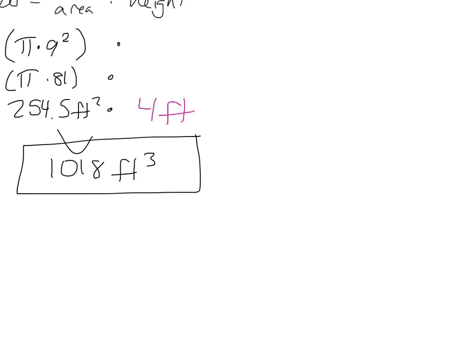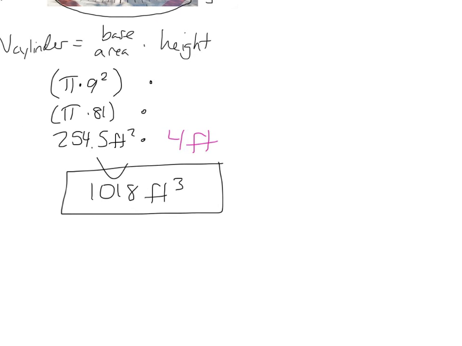Now, one of the cool things we can do, though, is say, okay, well, when we talk about the volume of pools, we usually don't talk about cubic feet. We usually talk about gallons, like how many gallon pool, right? How many gallon fish tank or something like that. So what we can actually do is use a conversion factor to figure out how many, not cubic feet, but how many gallons, all right? And there's a conversion factor out there that says that 7.481 gallons is the same as 1 foot cubed.